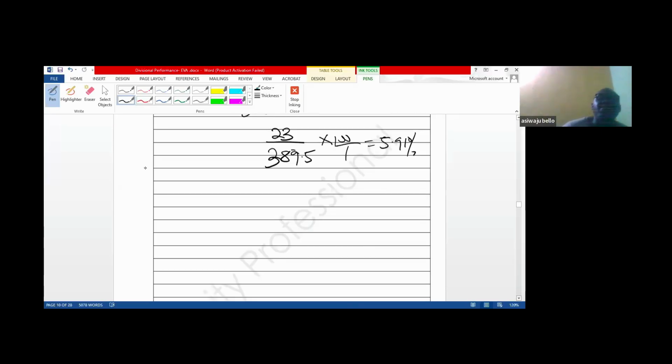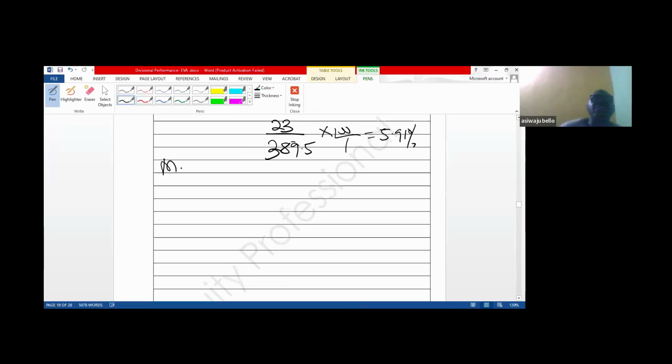And the maximum target level is 6%. That means IPM is not breaching the regulatory position.